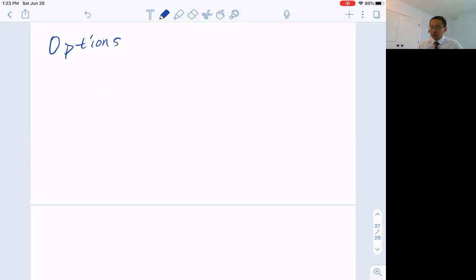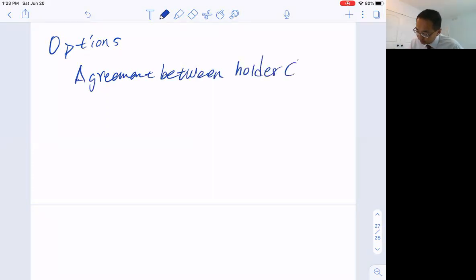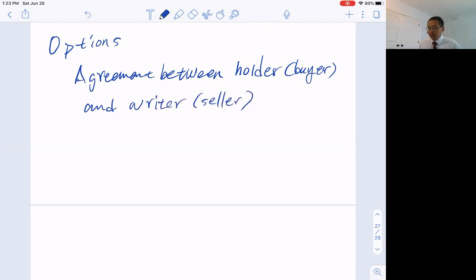So it's an agreement between the holder, who is the buyer, and the writer, who's the seller of the contract.